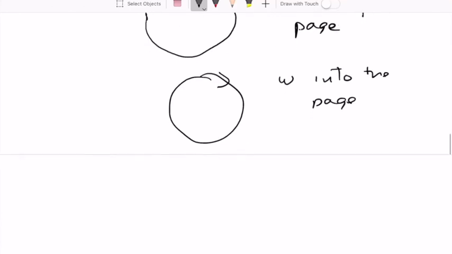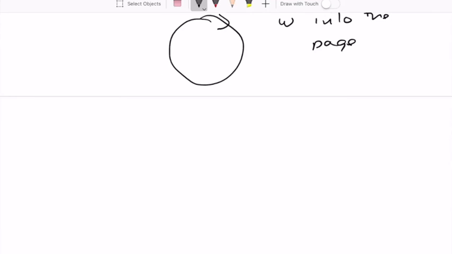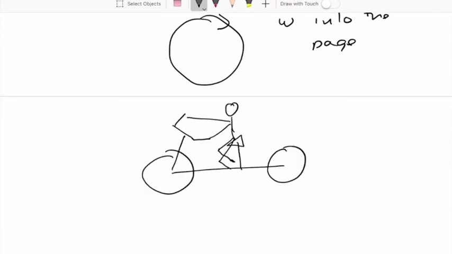Let's look at another example. Suppose you have somebody riding a bicycle. So here is our bicycle, and let's say that the person is moving in this direction. So that means the wheels of the bicycle are turning like this. What is the direction of omega of the wheels of the bicycle? The way you would do it is you would curl the fingers of your right hand in the same direction in which the wheels are turning.